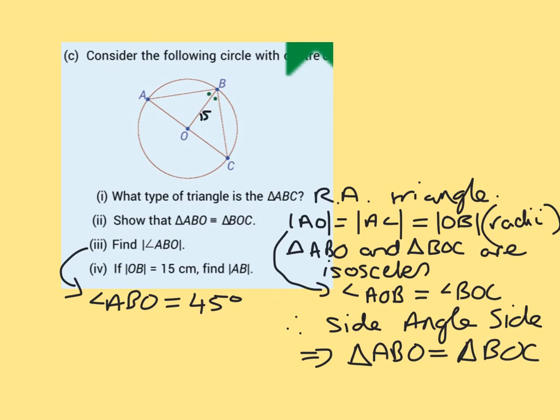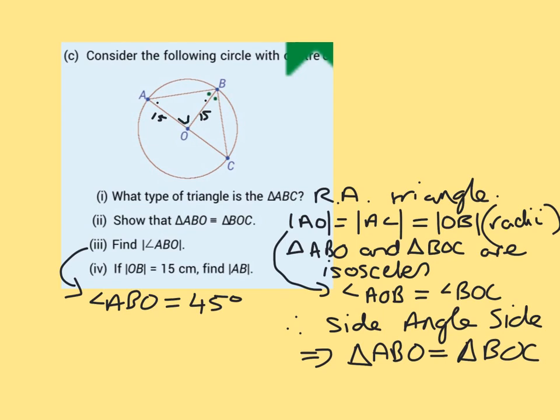Well, if OB is 15 centimeters, and we've already said that OB is a radius, then we know that OA is 15 centimeters as well. So this angle here and this angle here are equal to 45 degrees each, which gives a total of 90, which means this angle here is 90 degrees.